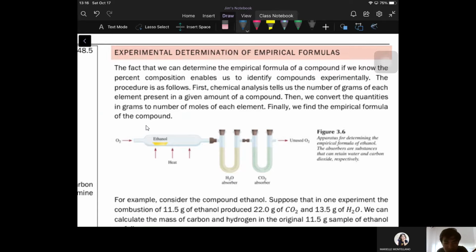You burn it. What happens when a compound is burned? It produces CO2 and H2O. If your organic compound burns, it produces H2O, water vapor, and CO2, carbon dioxide.